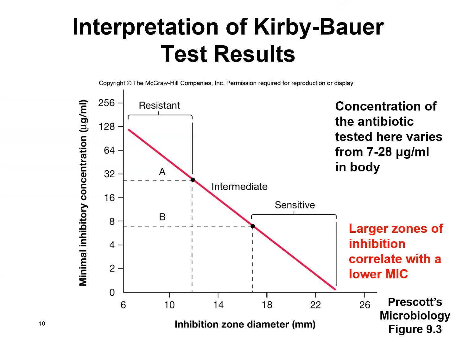Then we go and take a look at our graph here, and for our particular antibiotic that we're looking at, let's say that maybe we're looking at amikacin. And for amikacin, let's say that we know at the doses that we give patients, the level of amikacin will be somewhere between 7 to 28 micrograms per mil in the body.